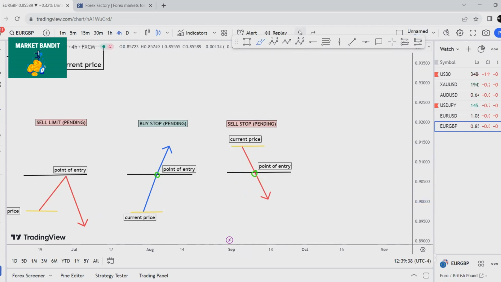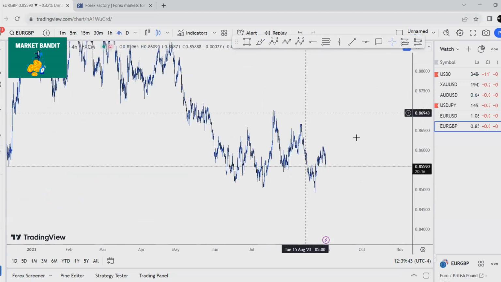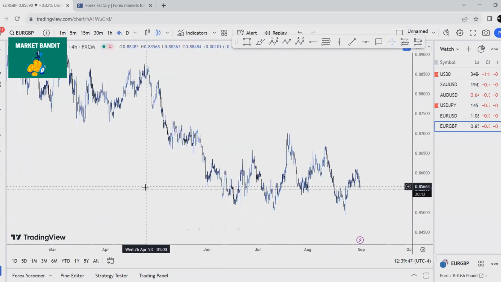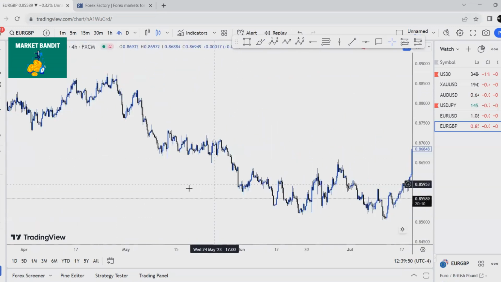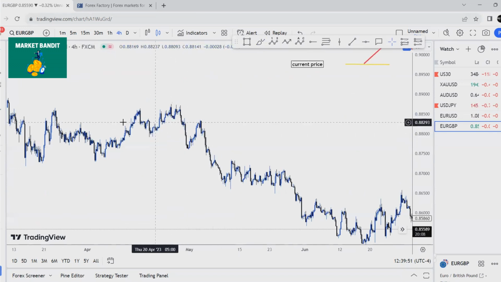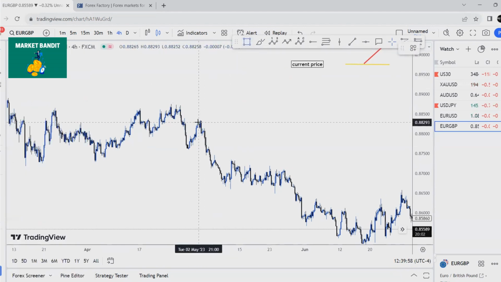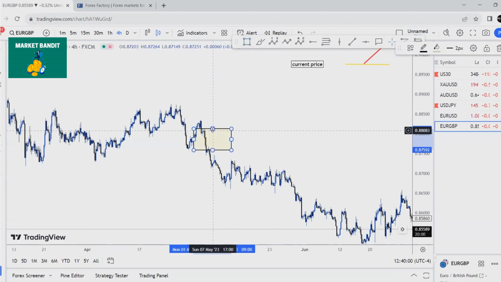So let's look at the chart for real life examples, right? And I actually had one today for US30, so I'm going to show you guys what I mean. So say this would be an example of a sell limit order, right? Hypothetically, say we didn't have this area right here.